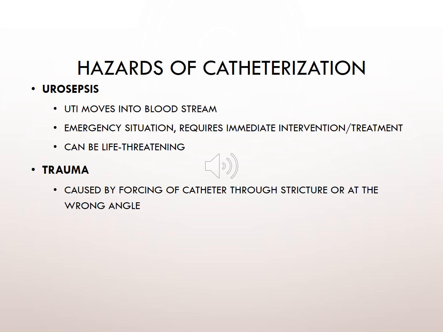This becomes then an emergency situation and can be life-threatening. You can cause some trauma with catheterization as well, and that can be caused by forcing of the catheters through a stricture or at the wrong angle. So there are a few hazards associated with catheterization, and it's just important to remember and practice that skill of proper insertion.